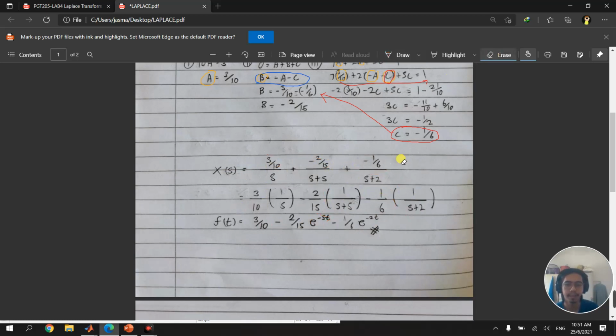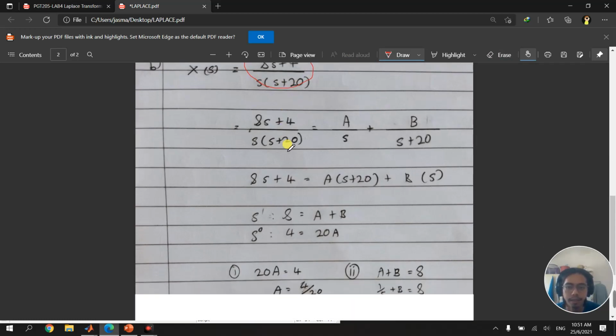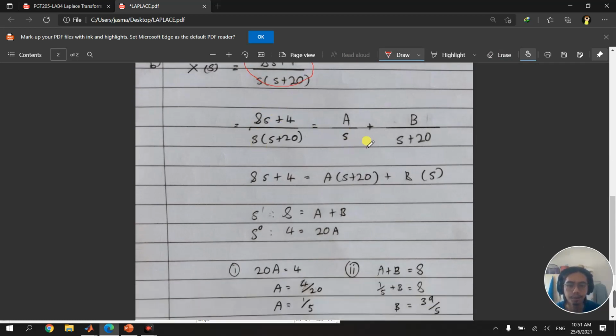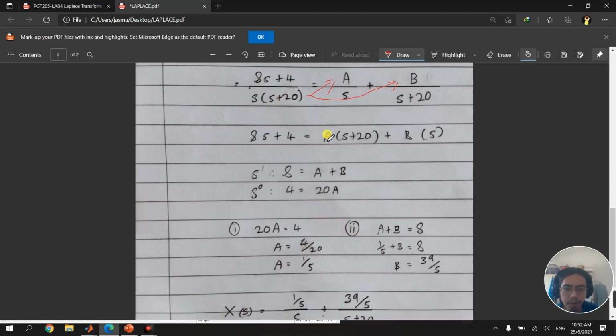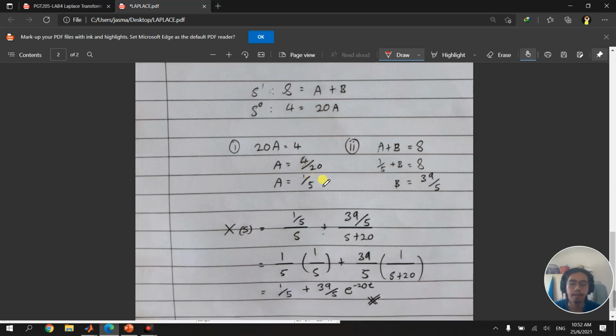That's for question A. Now let's move to question B, which is simpler than question A. It's direct. It gives you the equation, so we can just split it into two, just like before. Then repeat the same step. Times the numerator only, like before, and then we get the equation below, and then we take out the s to the 1 and s to the 0 to compare our coefficients. Then we get A is 1 over 5 from this step, B is 39 over 5 after replacing the A that we got earlier.